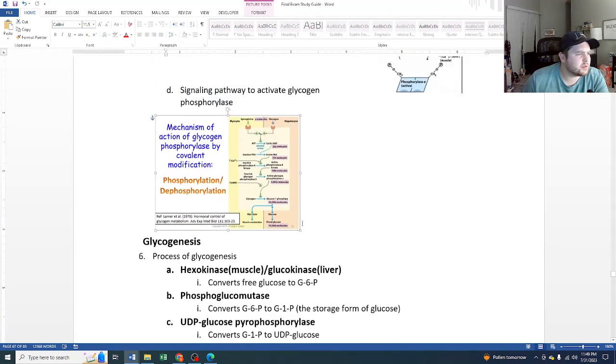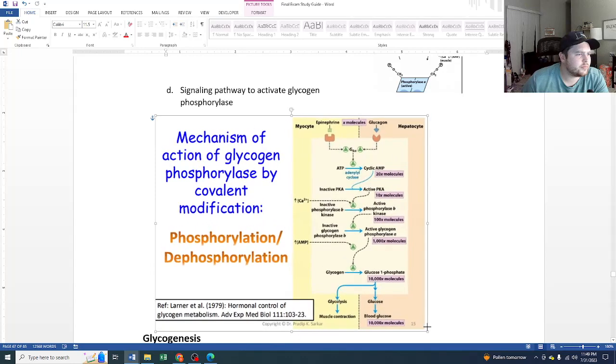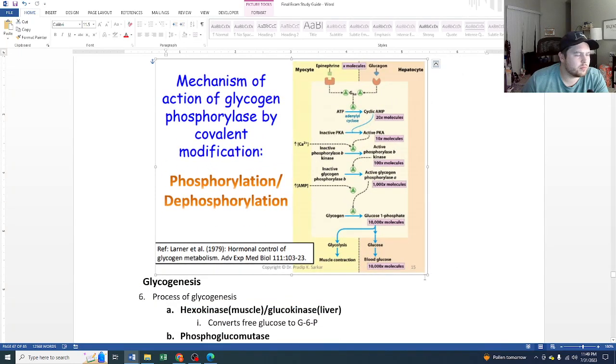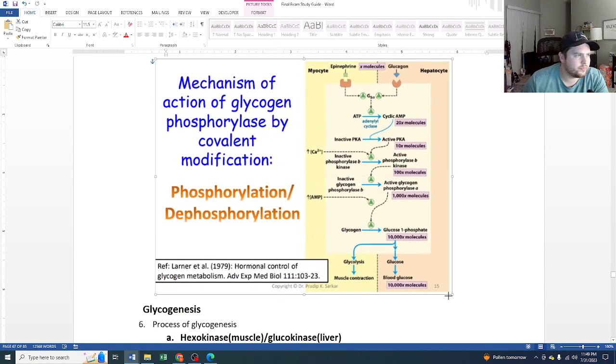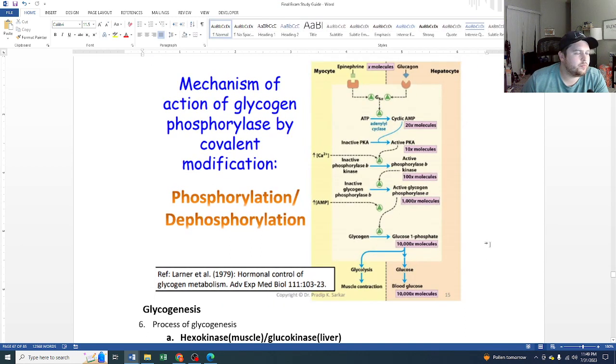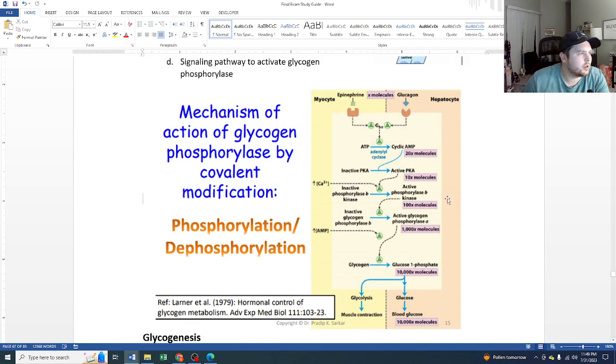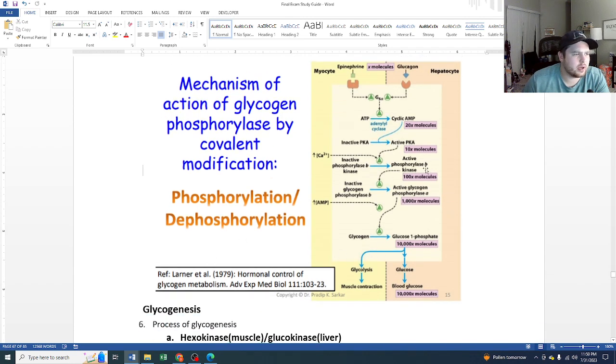I feel like this part right here was not in the book when I remember it. So this is the phosphorylation and dephosphorylation comparing the myocyte versus the hepatocyte. This might actually be a picture that I found outside.